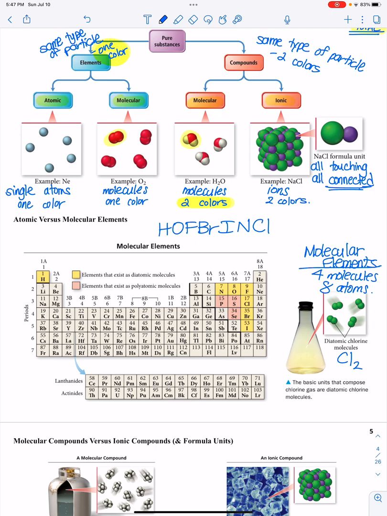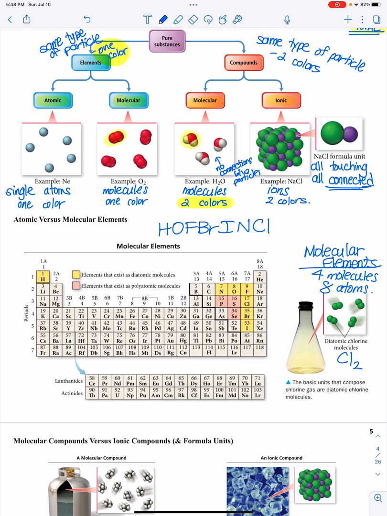But look at molecular. There are no connections between particles. So that's going to be a big difference between molecular and ionic. They both have 2 different colors. That's great. But there are no connections in molecular between particles, and all particles are connected in ionic.